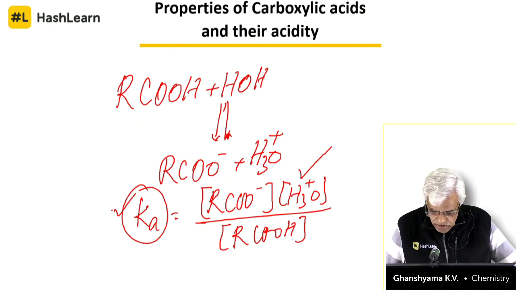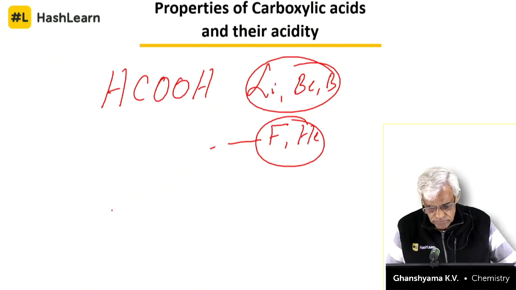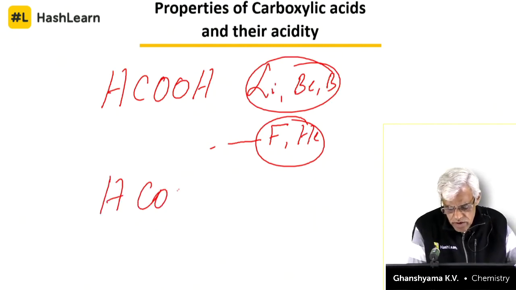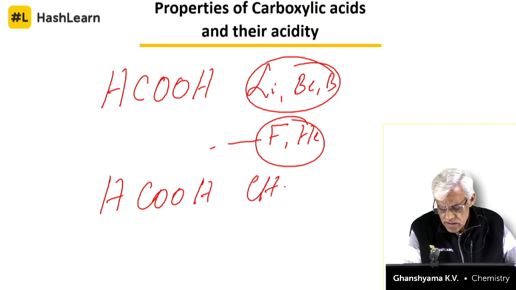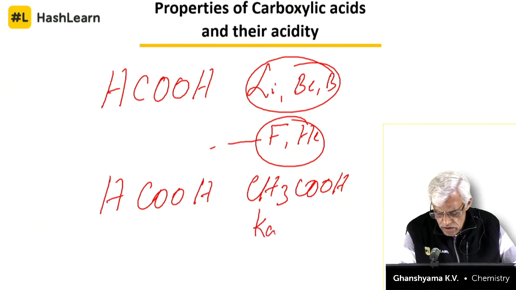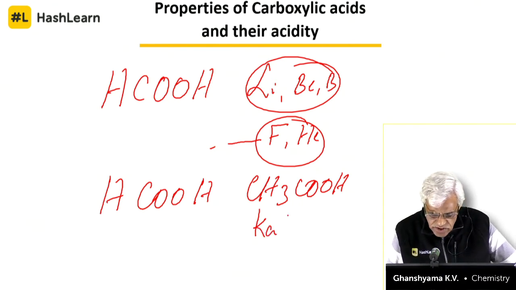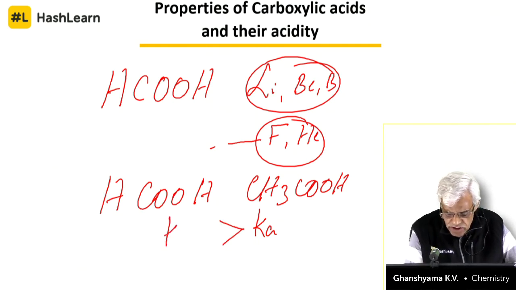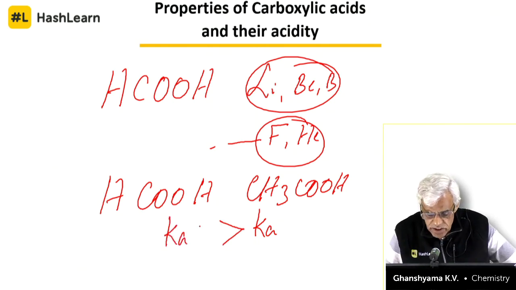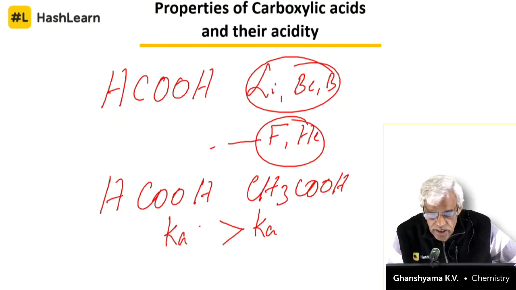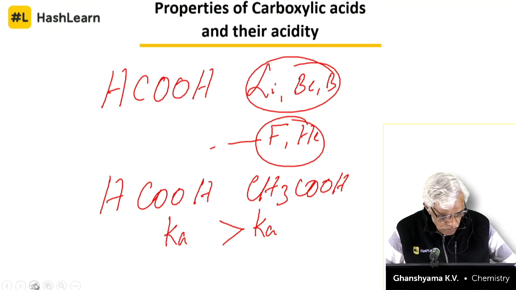Now, coming to the values, between HCOOH and CH3COOH, you know that Ka of acetic acid is less than that of formic acid. Ka of formic acid is greater than acetic acid, which means acetic acid is a weaker acid than formic acid.